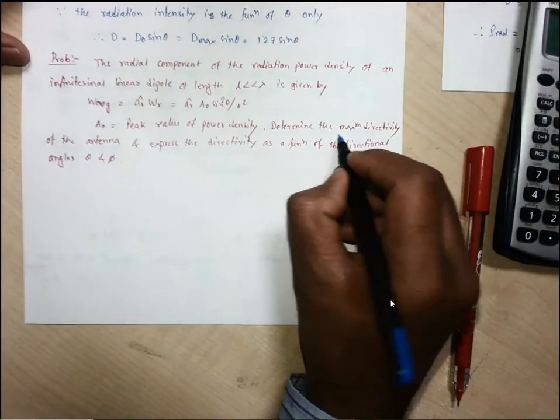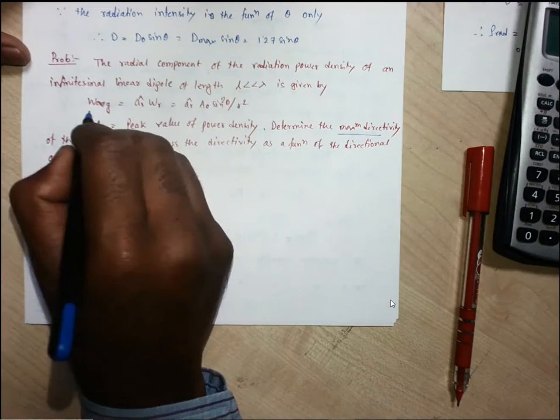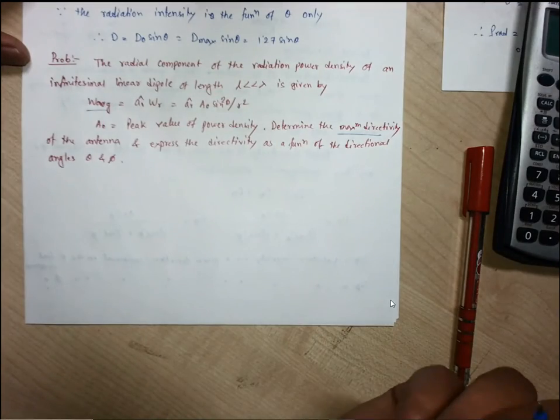So we need to find out the maximum directivity as well as the expression for the directivity. So this is the radiation power density that is given.